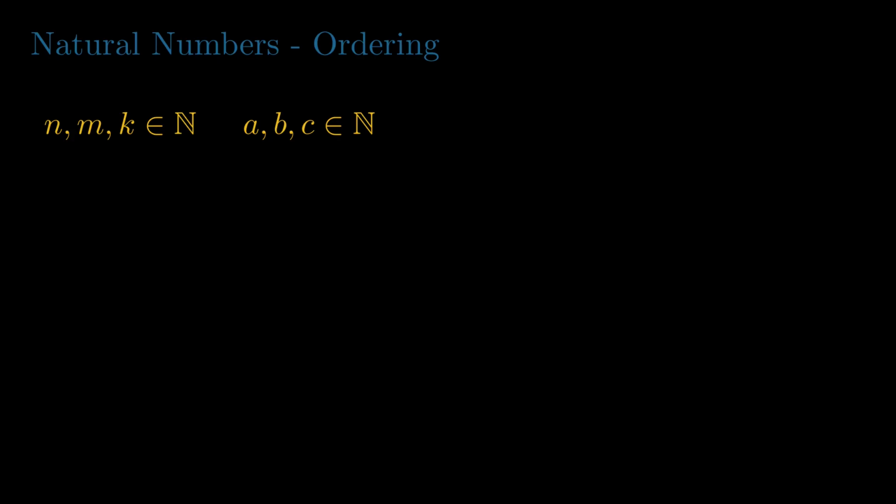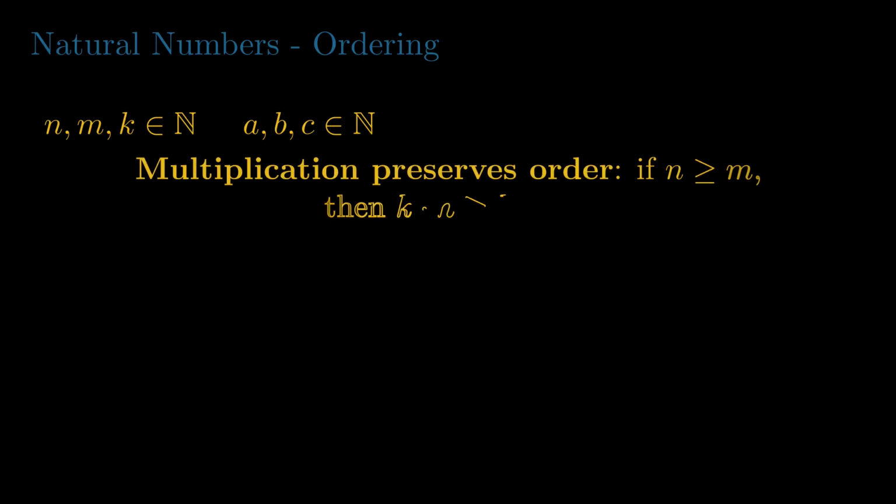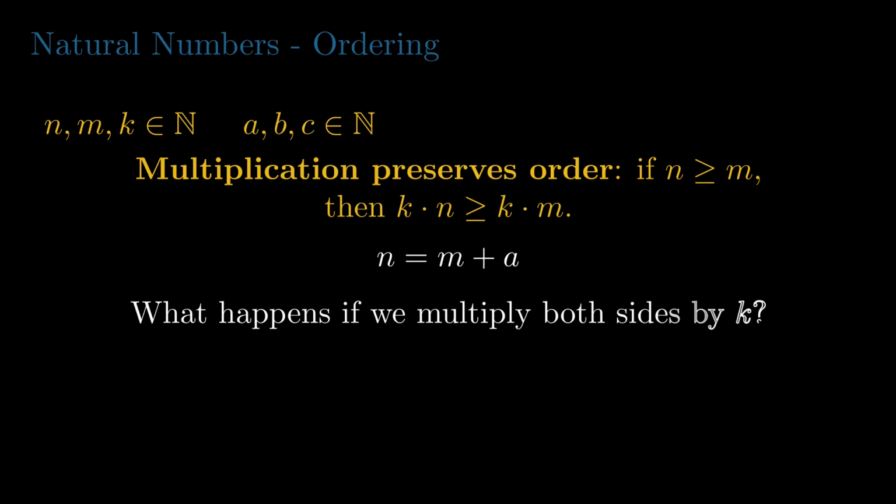To conclude, we cite a property of multiplication linked to this topic. Multiplication preserves order. If n is greater than or equal to m, then k times n is greater than or equal to k times m. I promise this is the last time we write the starting inequality as n equal to m plus a. What happens if we multiply both sides by k?